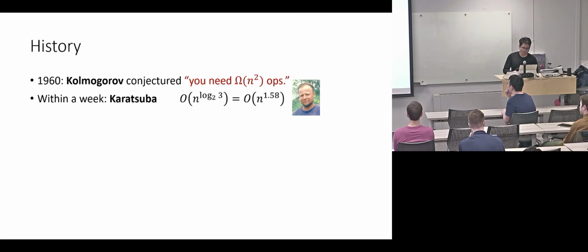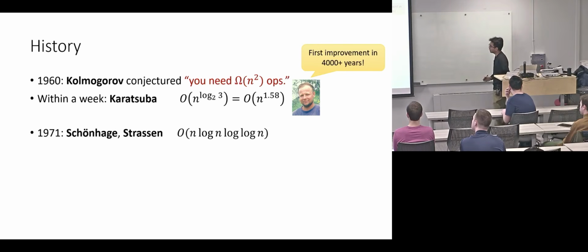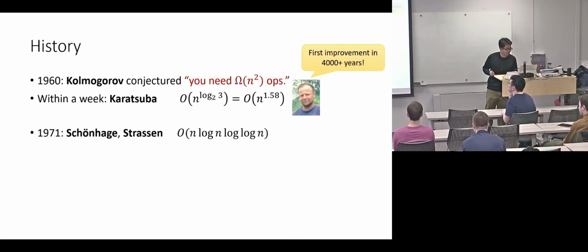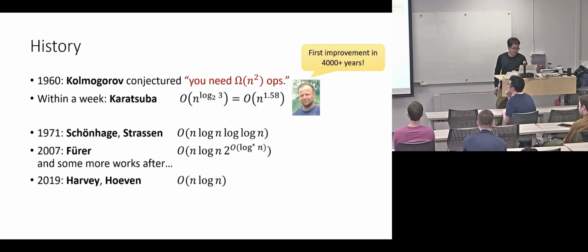But you see, this is the first improvement in a super long time, which is impressive. Seeing this improvement, you can ask again, can you do better? And people tried, and there were a lot of improvements. There was a significant improvement in the 70s, where they could do it in n log n log log n, which is much, much faster. And there were more improvements.